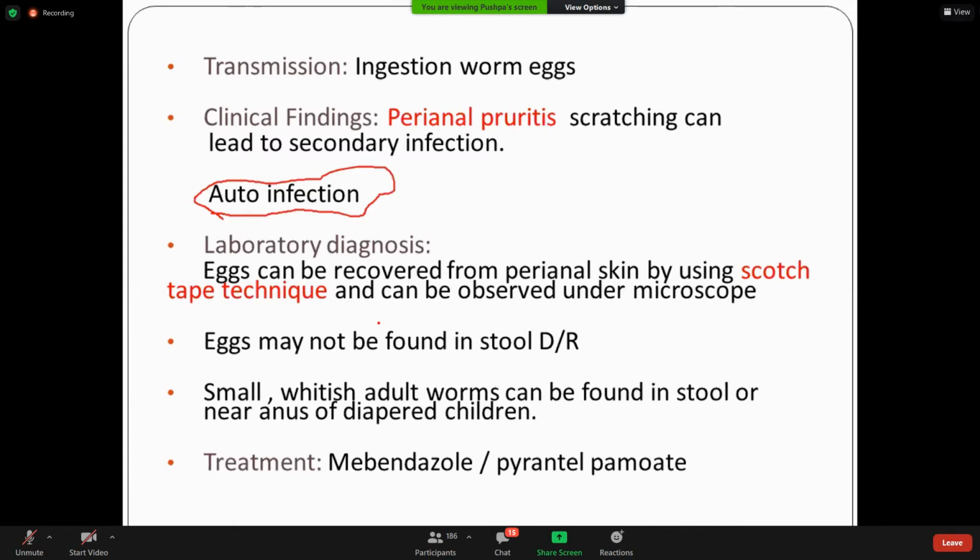Please keep in mind that all the anti-helminthic treatments are usually similar drugs given to act on the CNS of the worm so that the worm becomes dizzy and is expelled out of the body. Okay. So the treatment is mebendazole, and the other details you will be studying in your pharma lectures.